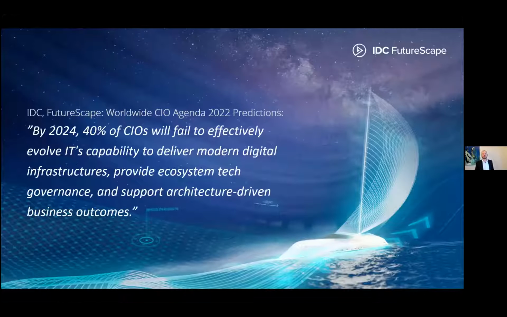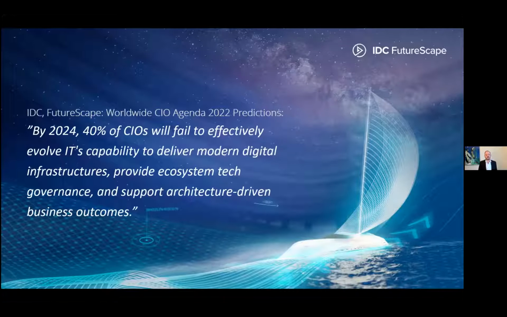So I guess we've all heard multiple times from IDC and everyone else about how the world is changing. Companies are becoming digital first. They need to, or are on a journey to modernizing the IT environment. We could throw a lot of numbers about how prevalent those things are, but instead I will just quickly show one of our prediction slides.